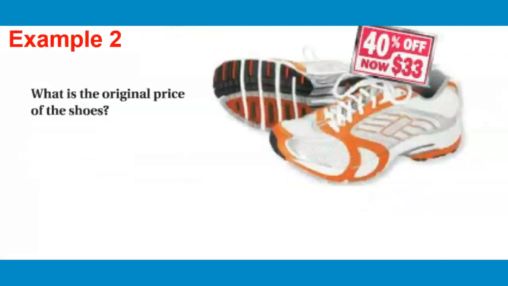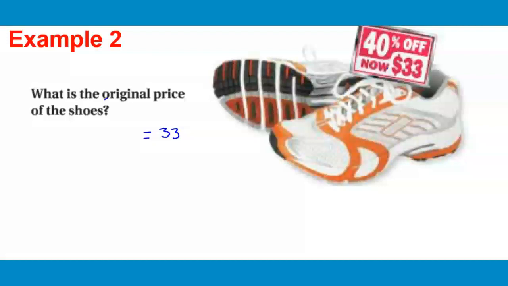All right, so now the toughest one here is finding the original price. So we know the sale price is $33, and that was 40% off of the original price, but we don't know the original price. So we got to figure out the original price. I don't know what the original price is, so I can't take 40% of anything.